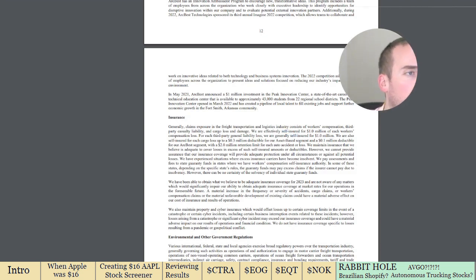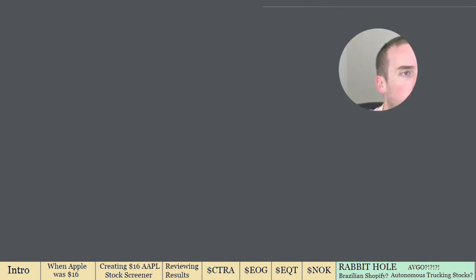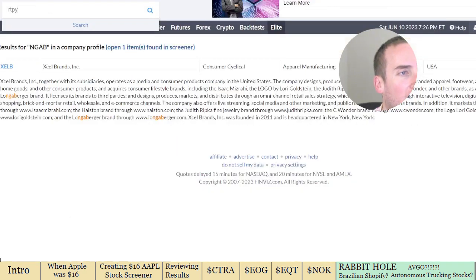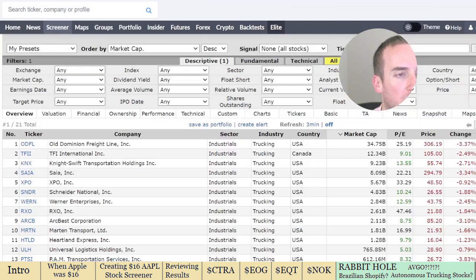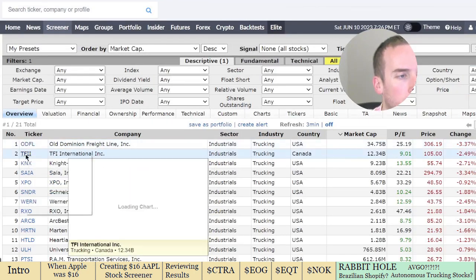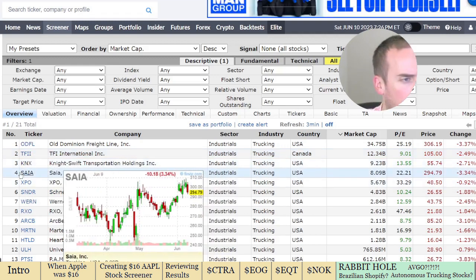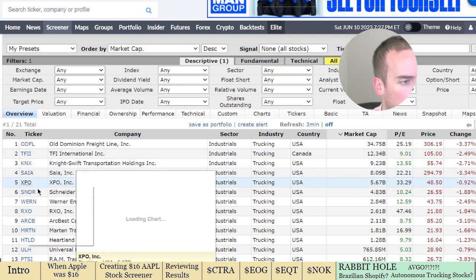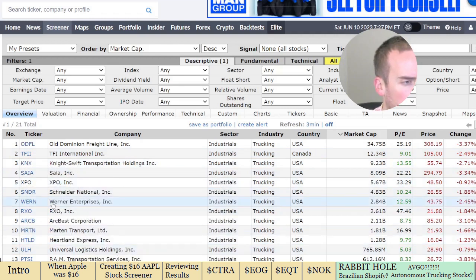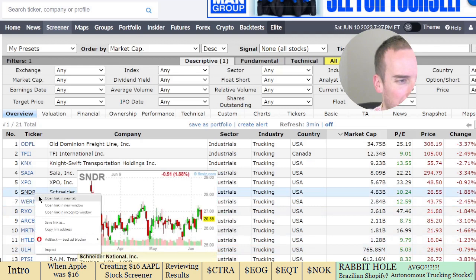So, I really, really feel like we want to see the word autonomous. We're going to look at Old Dominion and TFI and Night Swift. I just want to see if they have it, and we'll look at all these ones really quick.